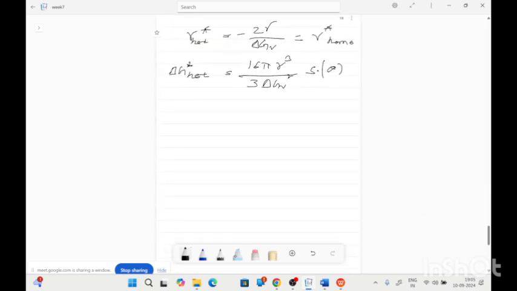If we draw a curve of S theta varying with the values of theta, this is 0, 90 degree and 180 degree. At 90 degree the S theta value will be 0.5, and at 180 it will be 1.